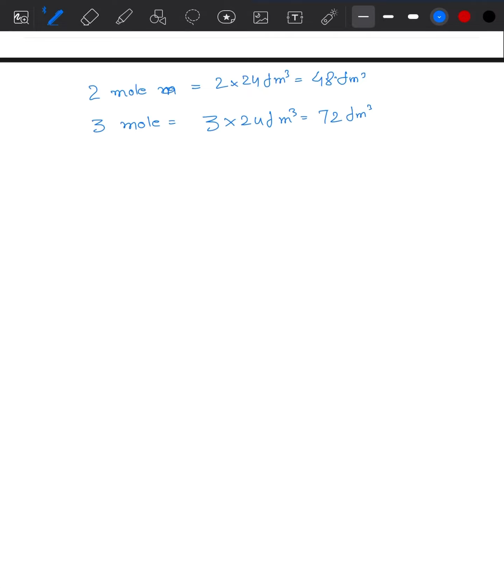Now if I ask, let's say we have 96 decimeter cube of helium, find out the number of moles.